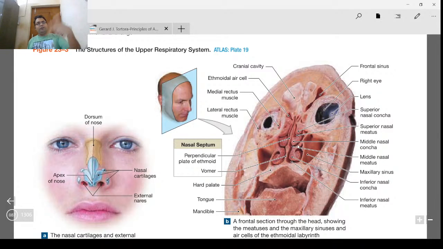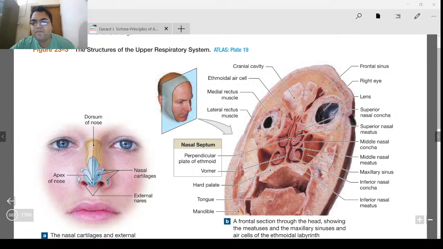Without the whirlwind action, turbulence might not have been generated, and in its absence you wouldn't be able to humidify and warm the air. The entire purpose of protecting the lower respiratory region would have been lost. That is the real deal. That is why conchae are present.